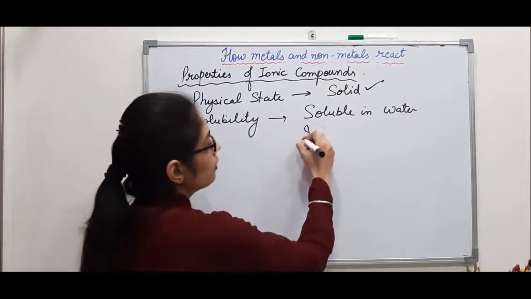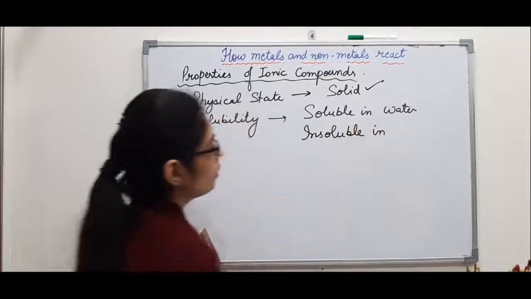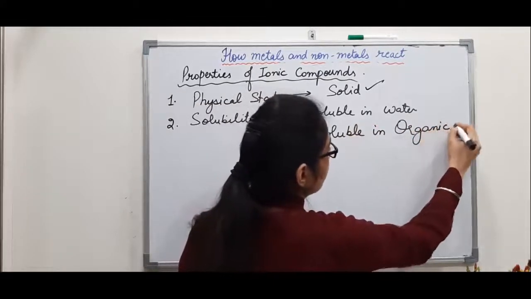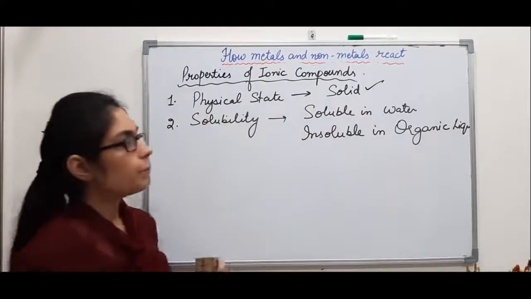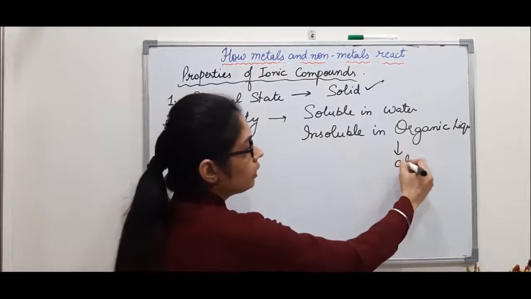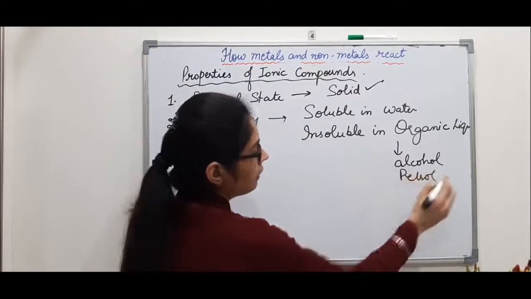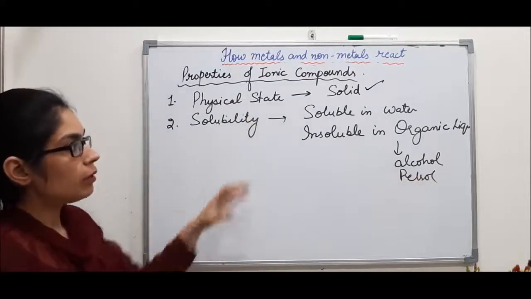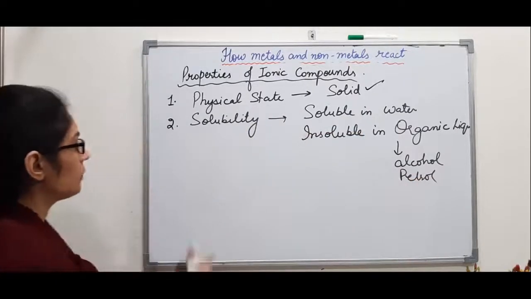But these are insoluble in organic liquids. Organic liquids are like alcohol, kerosene, petrol, all these are organic liquids. So ionic compounds are soluble in water and insoluble in organic liquids.